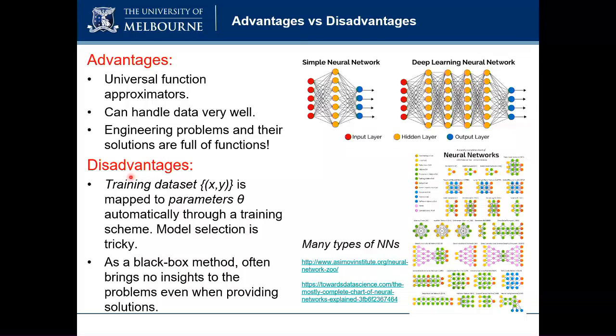No method is perfect. So the training data set is mapped to parameters automatically through optimization, through a training scheme. And then model selection is tricky. There is a bit of an art aspect to it. And then even more importantly, the bothersome part, which makes a lot of people hate this stuff. And I'm always advocating balanced views.